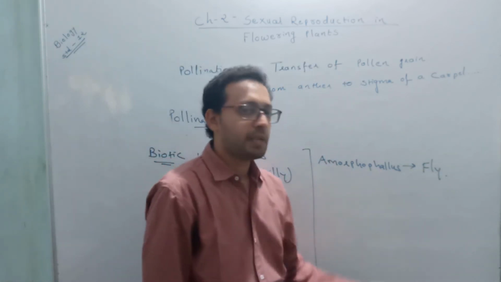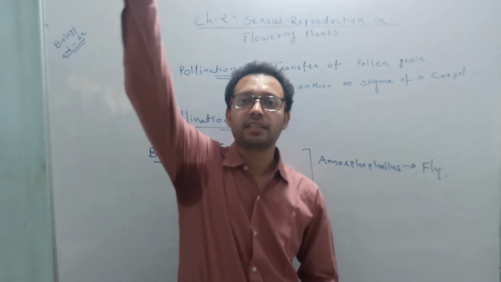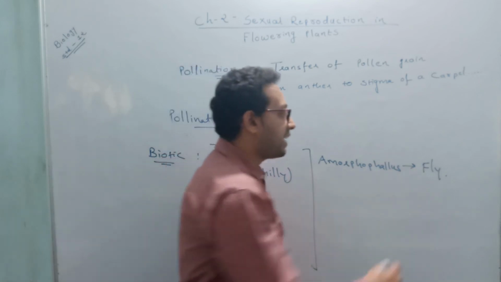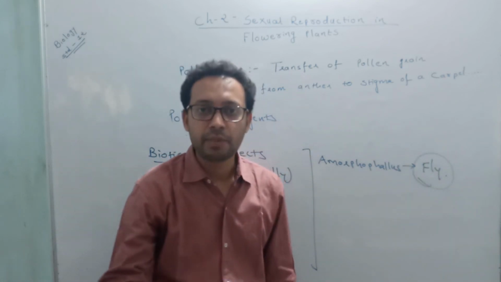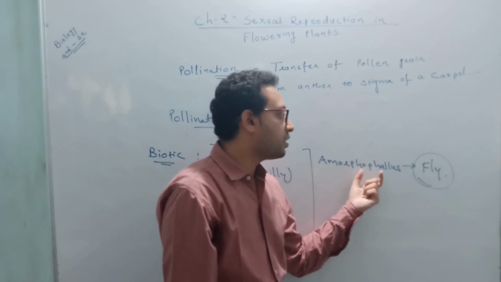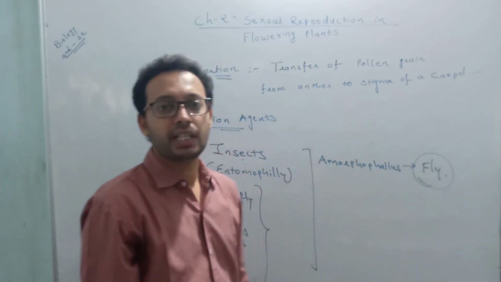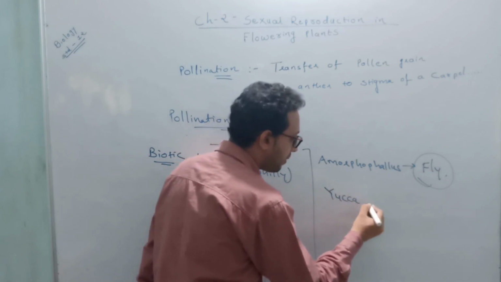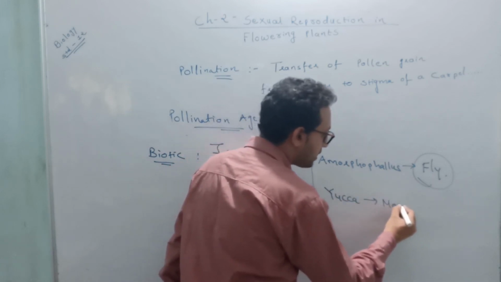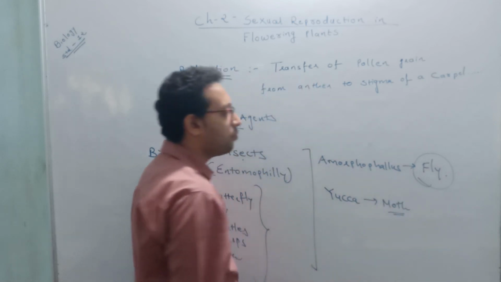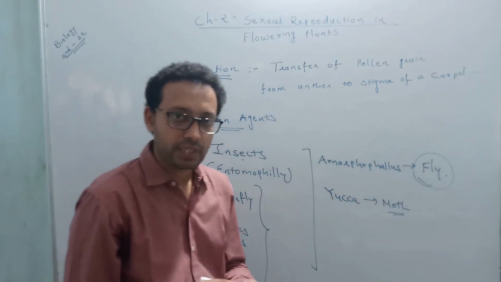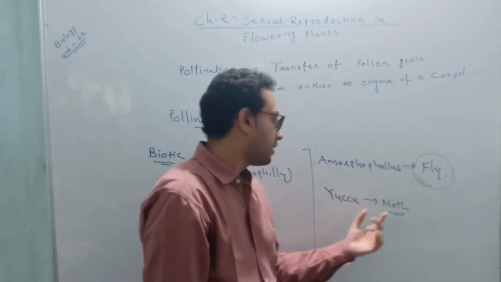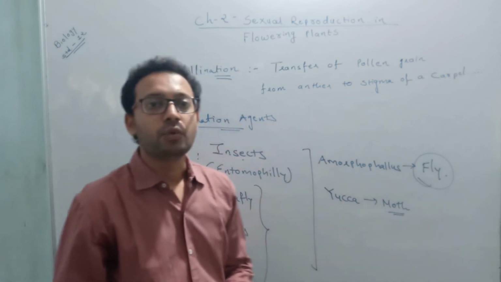The flowers of Amorphophallus are at a height, I think above more than 6 feet, so flies can easily reach that height and help in pollination. And in the yucca plant, the pollination is achieved with an insect called moth. Okay, you have to remember these two examples, they are important. In Amorphophallus, pollination occurs with fly, and in yucca, by moth.